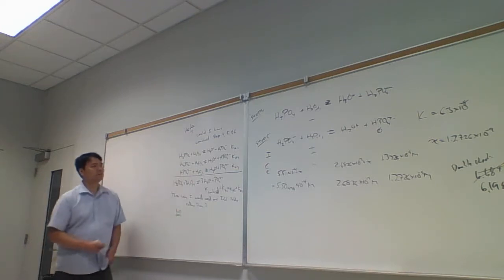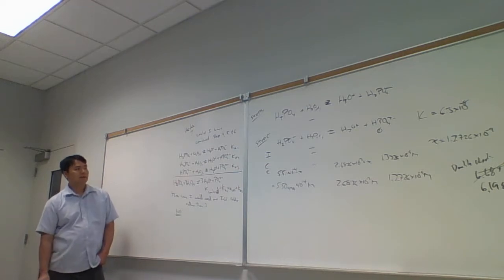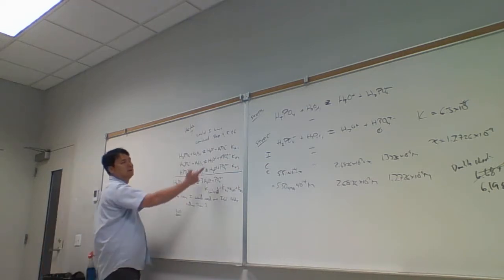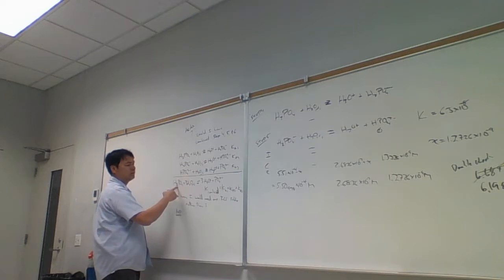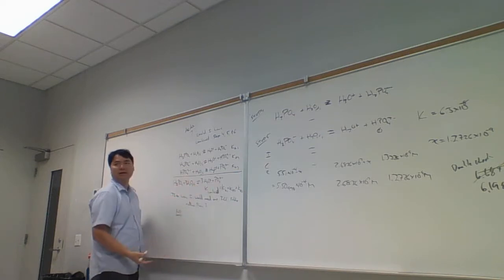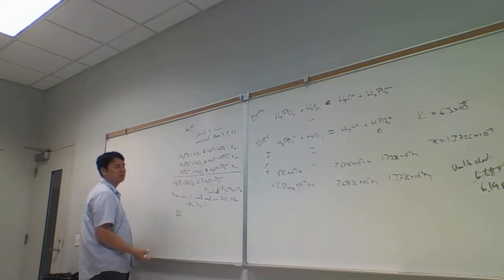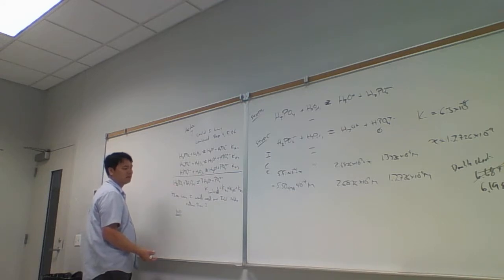I can't do this because of these species. I can't do this because it assumes that all the phosphate ends up only in phosphoric acid and phosphate. There's no dihydrogen phosphate, and there's no monohydrogen phosphate.